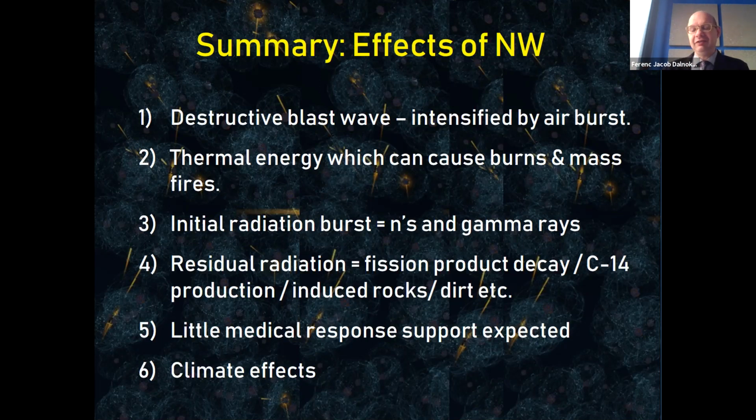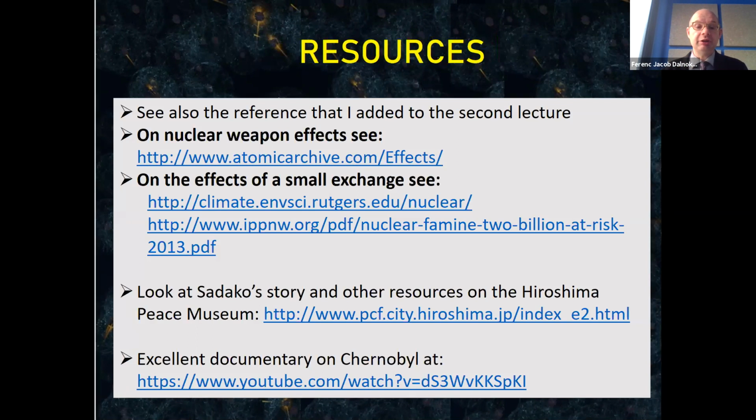It's not that if India and Pakistan did it, or if North Korea and the United States did it, it wouldn't affect Russia or someone else. No, we all have a stake in making sure that these nuclear weapons are never used again. So these are just some resources. And that's the end.